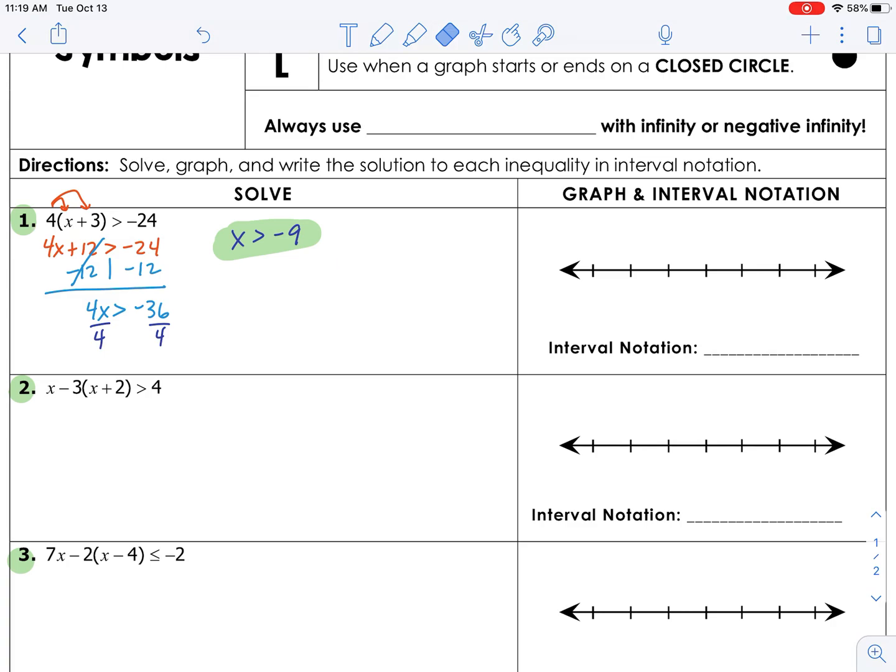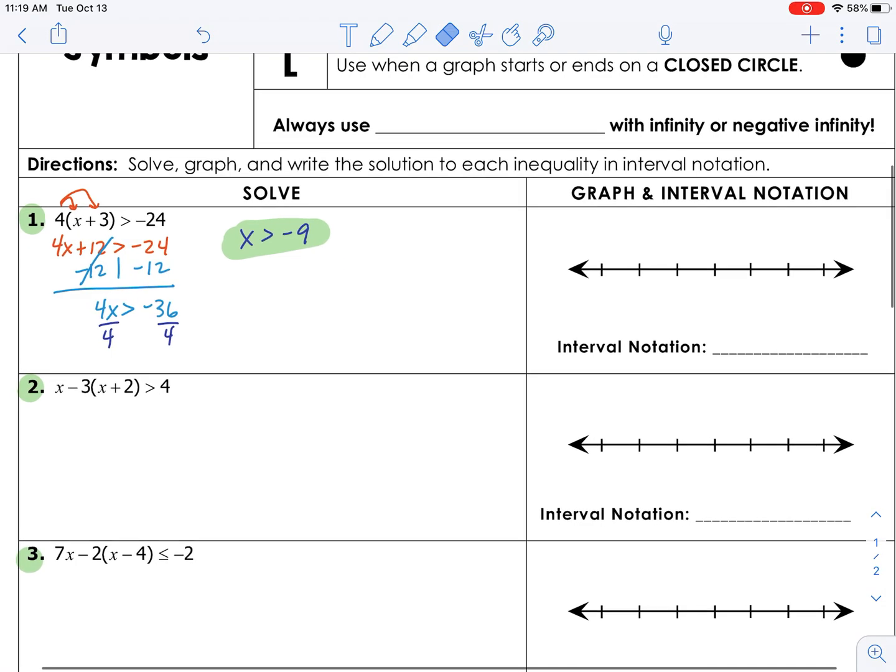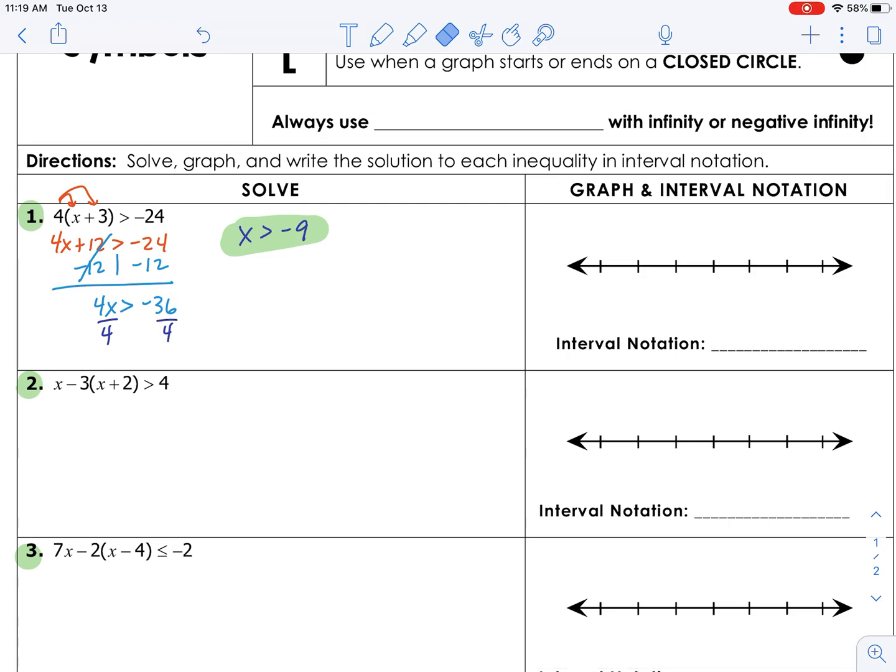Before we talk about interval notation, it's easier to do interval notation if we have the graph of our inequality. So we need to point something out first.